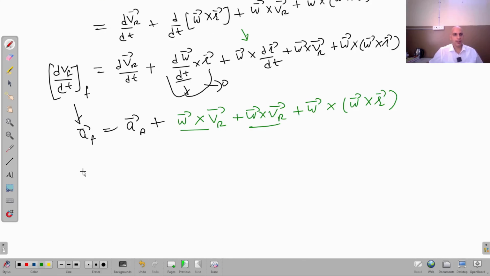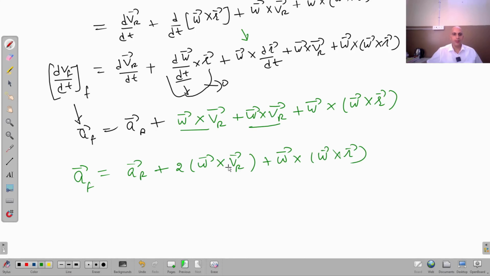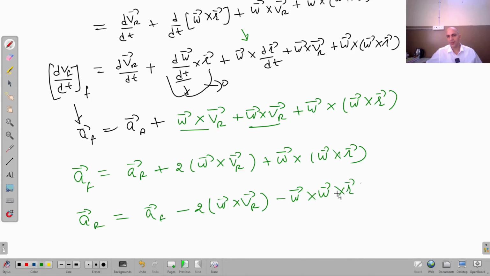Now obviously they are going to add up. So what I got: A fixed is equal to A rotating plus 2 omega cross Vr, right, plus omega cross R. I can write it as A rotating is equal to A fixed minus 2 omega cross Vr, right, minus omega cross R, right.